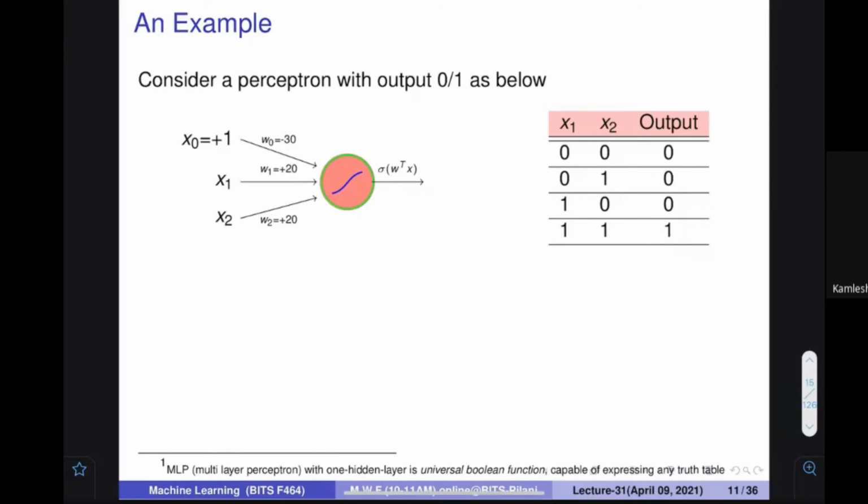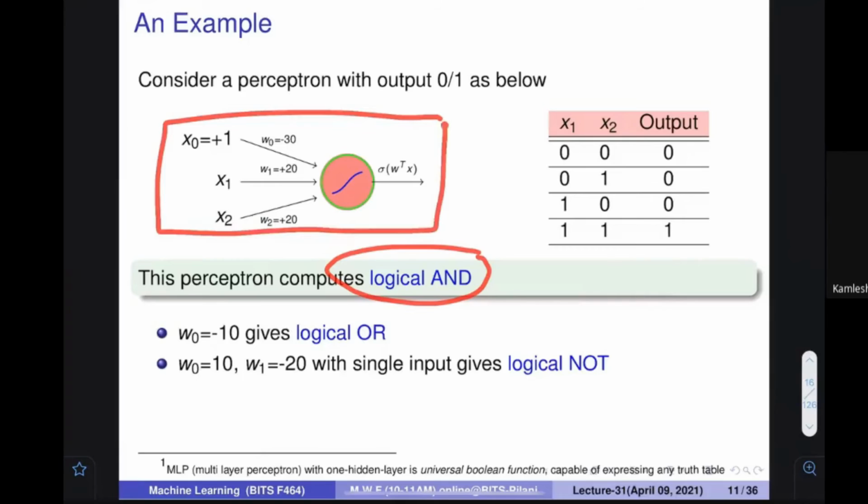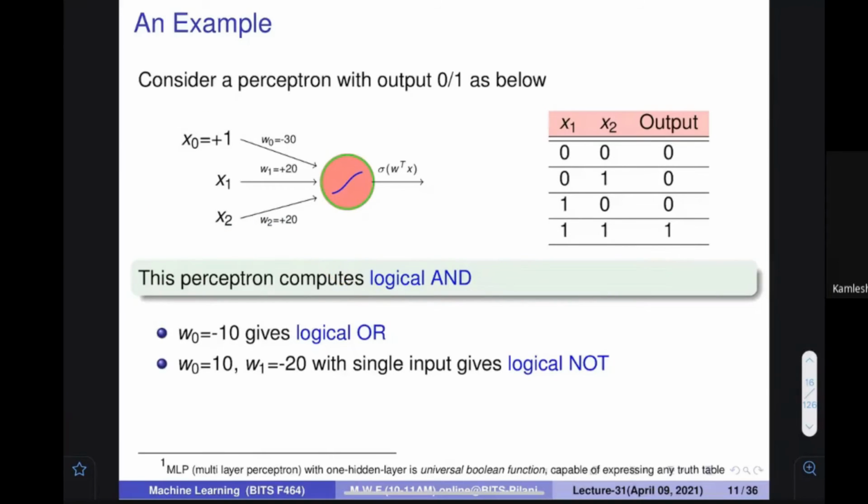Does it remind you of anything? 0, 0, 0, 1. Which kind of truth table is it? It is the AND gate. It is the logical AND gate. So this is the circuit of a logical AND gate.